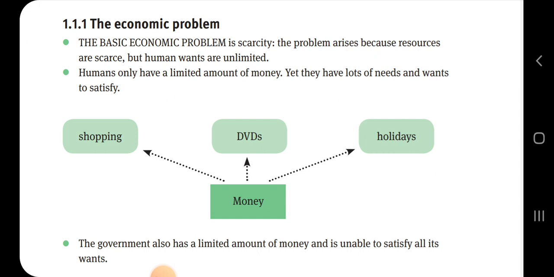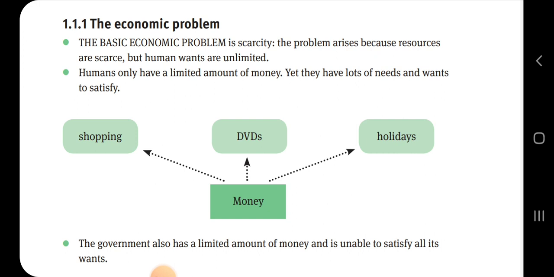The problem arises because resources are scarce, but human wants are unlimited. So there is an economic problem. We have scarce resources, but our needs and wants as people, businesses, and government are a lot. Our wants and needs are more than the resources to satisfy them.